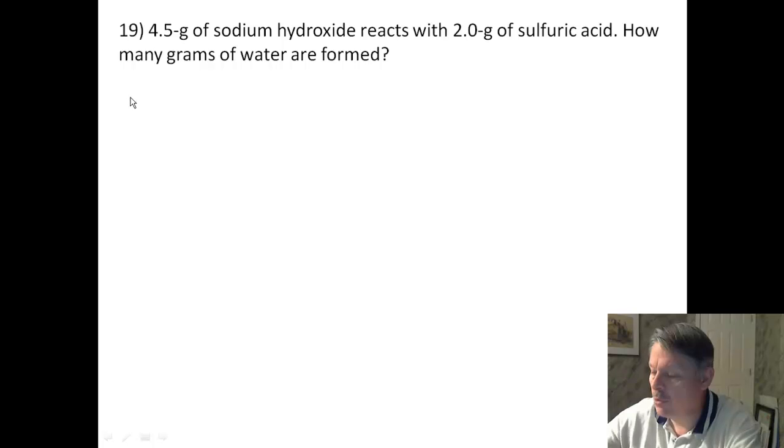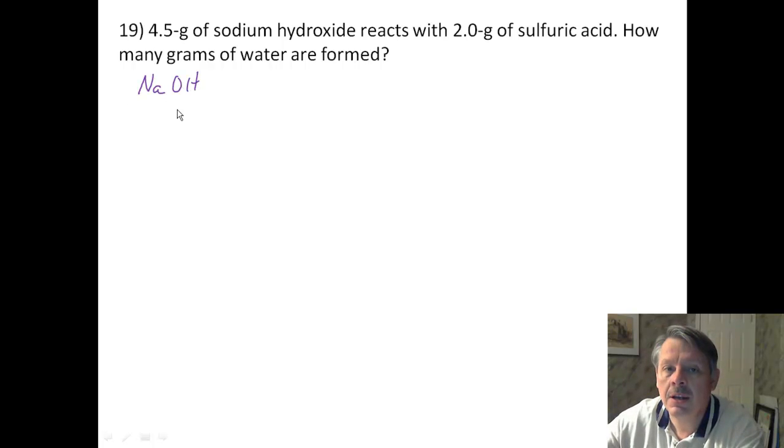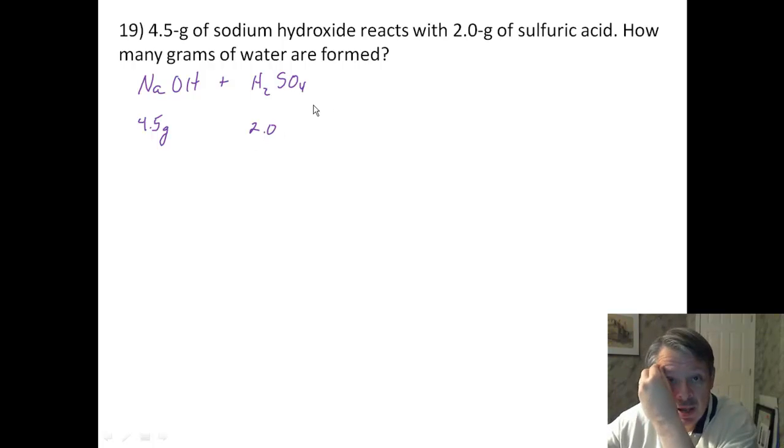We have 4.5 grams of sodium hydroxide, NaOH, and it's reacting with 2.0 grams of sulfuric acid, H2SO4. How many grams of water are formed?